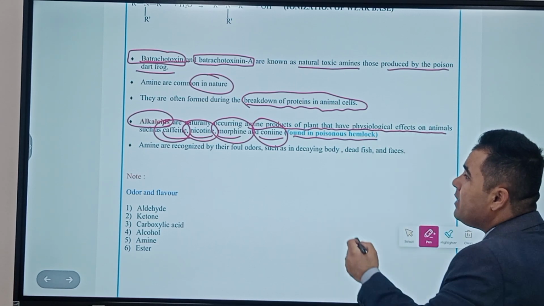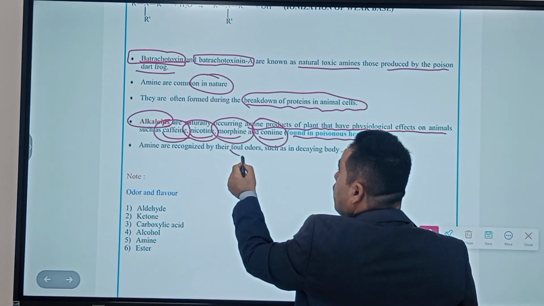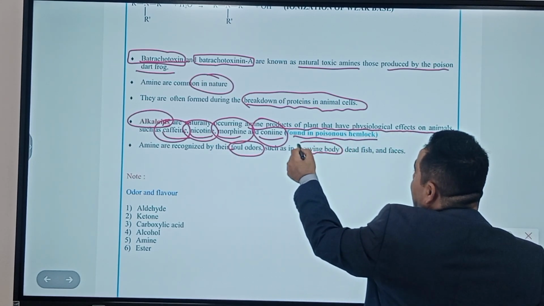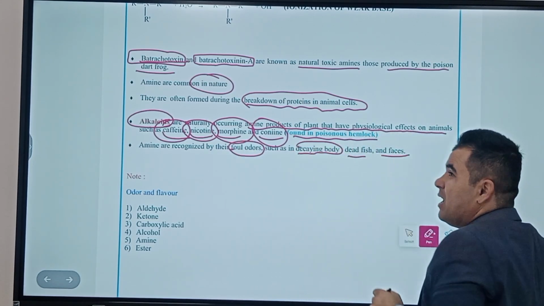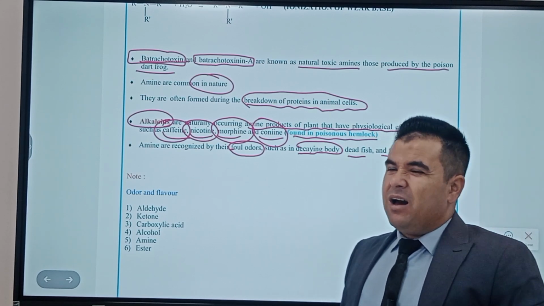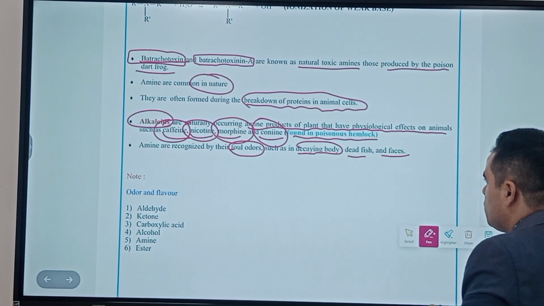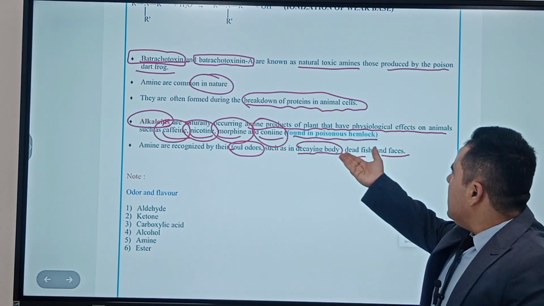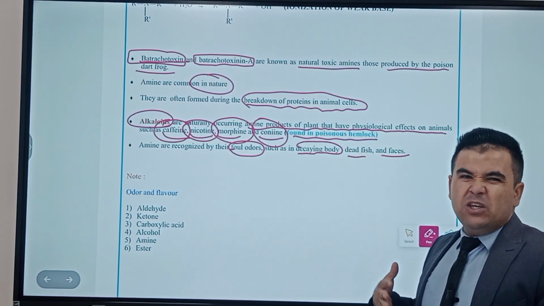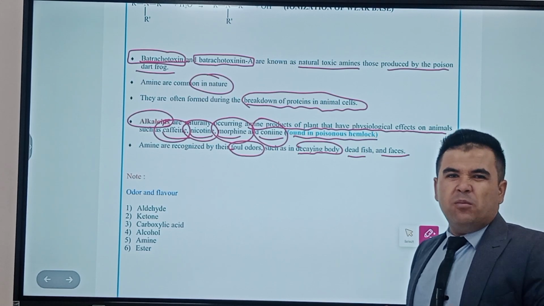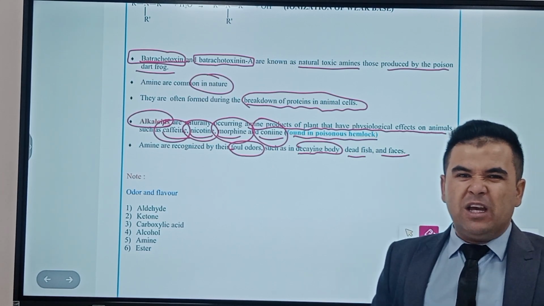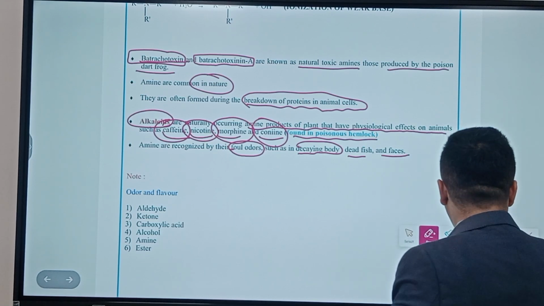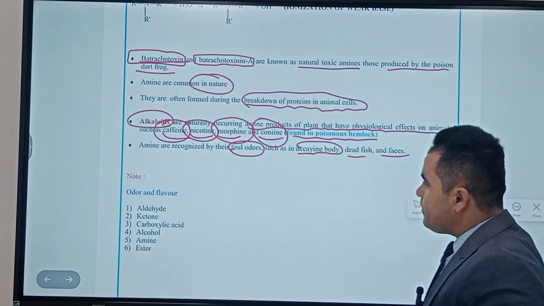Amines are recognized by their foul odors, such as in decaying bodies, dead fish, and feces. As I told you, amines are responsible for the foul odors. The worst odor of dead fish, a decaying body, or the feces from the emissions of animals or human beings as well, that bad odor is the amine which is responsible.